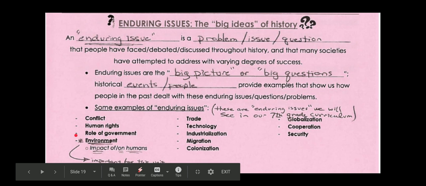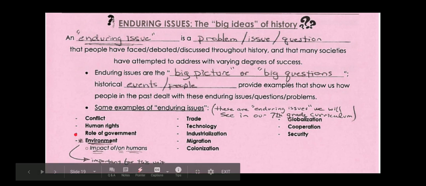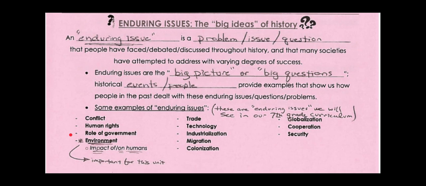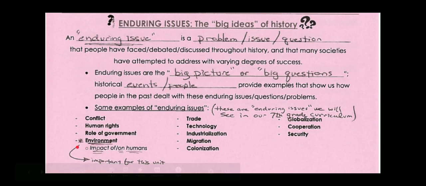The role of government. How much power should a government have? What things can the government do? How should governments be chosen? These are all things that people talked about hundreds of years ago and they talk about now. For this unit, a big one is the environment. The impact of the environment on humans and the effect that humans have on the environment.